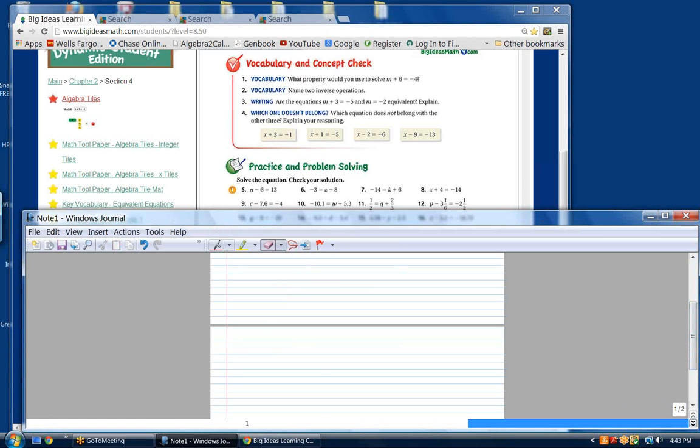So in this one, we have minus 3 equals z minus 8. So then that would mean you add 8 to negative 3, and take 8 away from z. Well, actually, you add 8 to the right side of the equation.